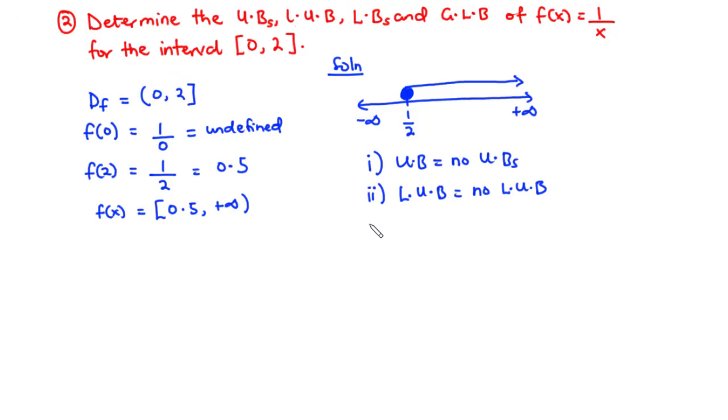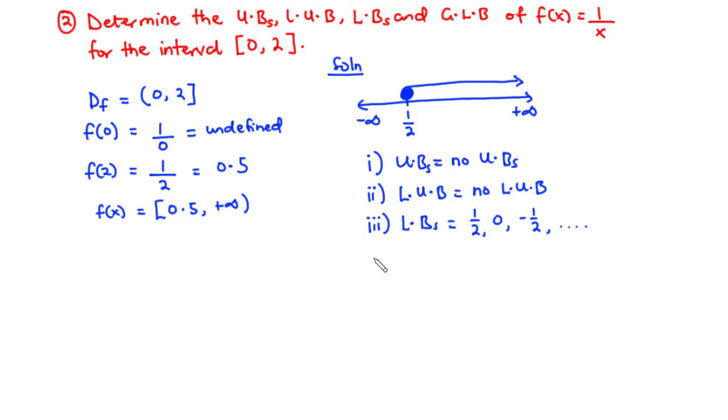Now for the lower bounds of this interval, these are going to be numbers less than or equal to half. So numbers less than or equal to half: we can have half, 0, negative half, and so on and so forth. So the lower bounds we have are 1 over 2, 0, negative 1 over 2, and so on.